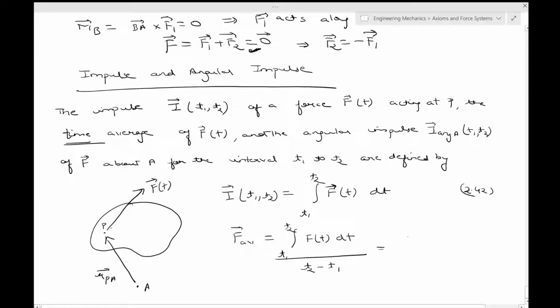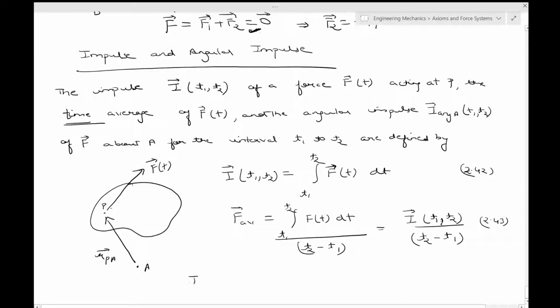Okay, so this can be said as I of t1 comma t2 divided by t2 minus t1, 2.43.